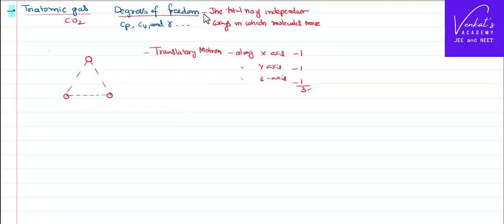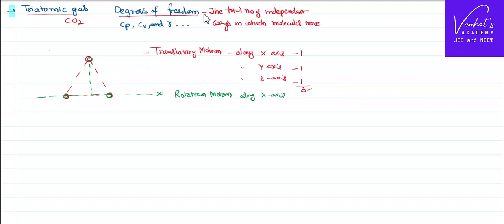And they can rotate also. How can they rotate? They can rotate about the x-axis. Say this is the x-axis. Though two atoms are on the x-axis, there is a third atom at a certain distance. So it definitely has some moment of inertia and it has rotational kinetic energy.